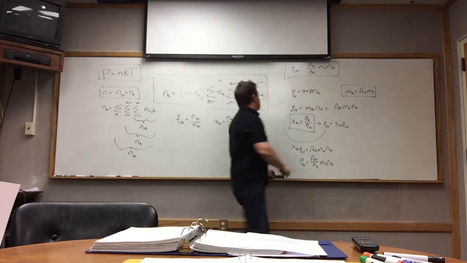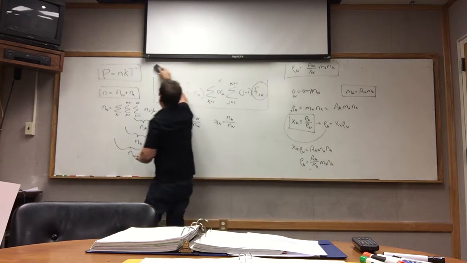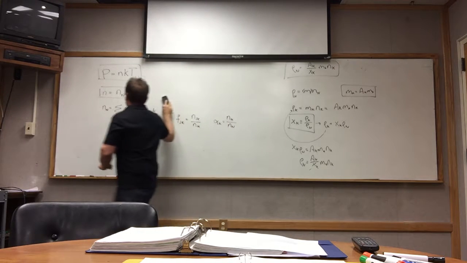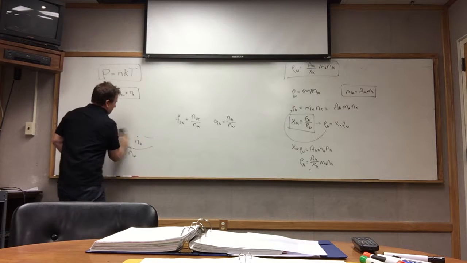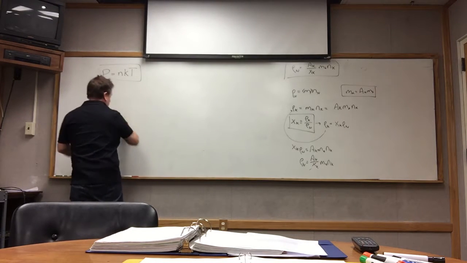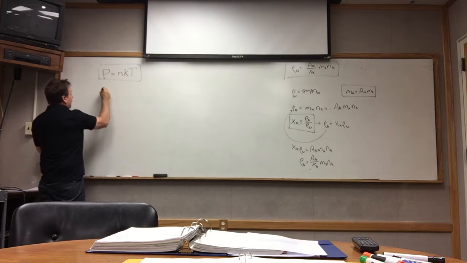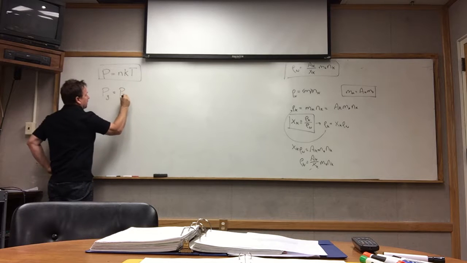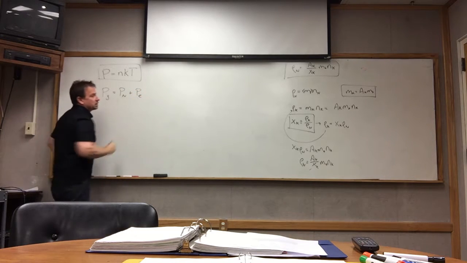All right. So what we're getting at is we know that P equals nkT. All right. So we're going to have, this is the total pressure, but we're going to have the pressure of the gas, which is equal to the P of the nuclei plus the P of the electrons.